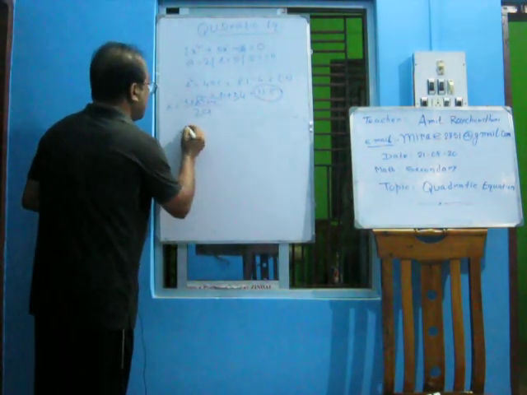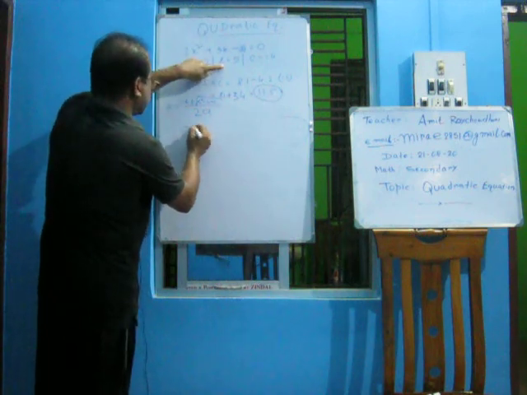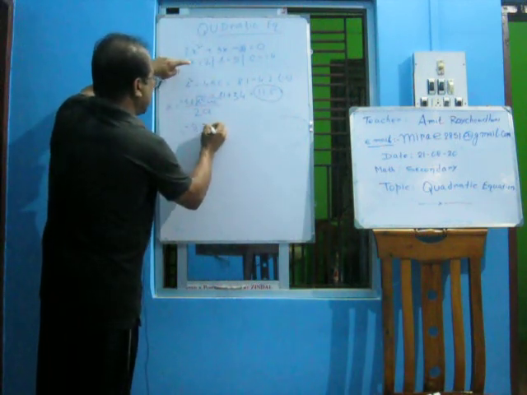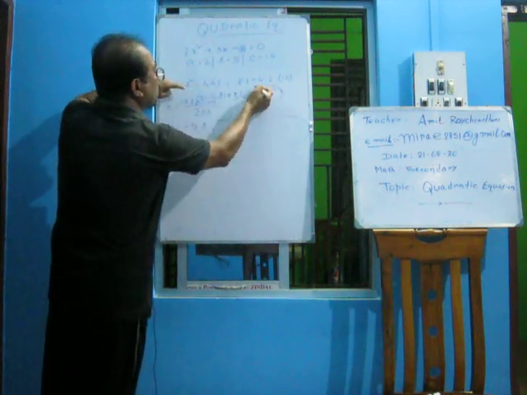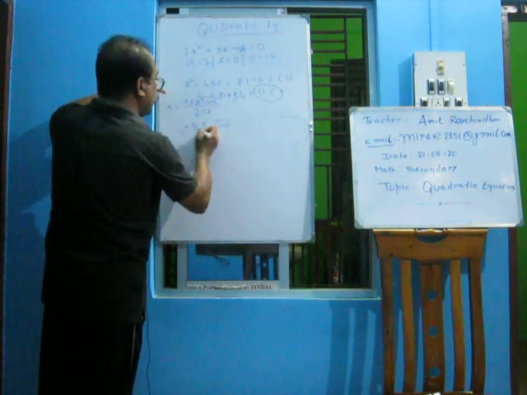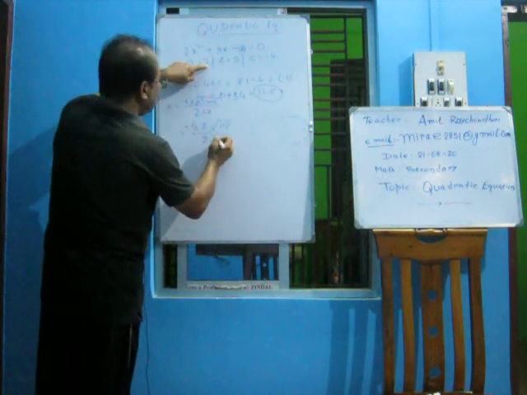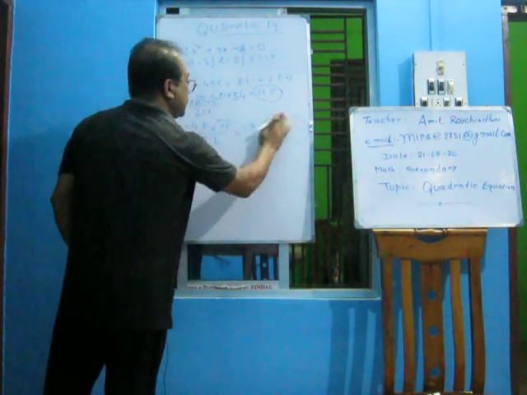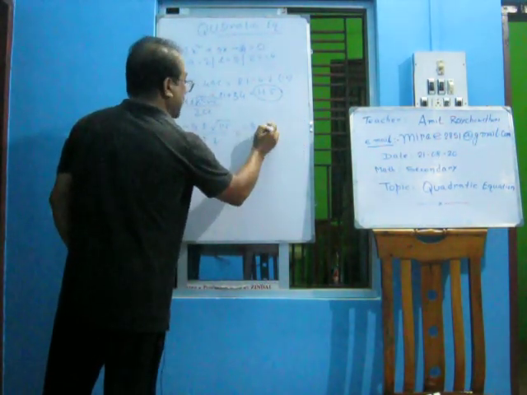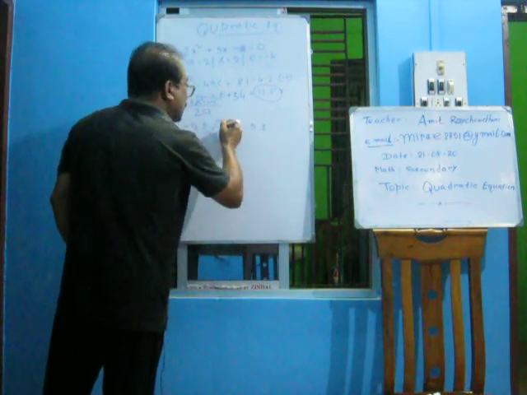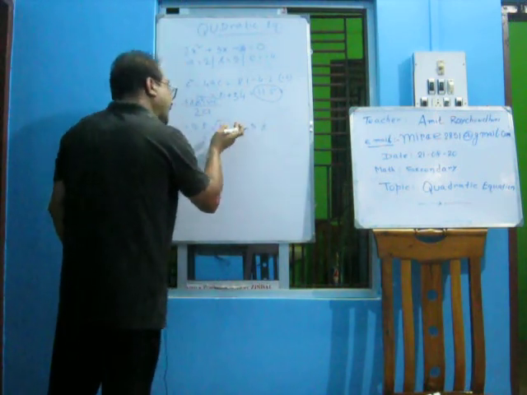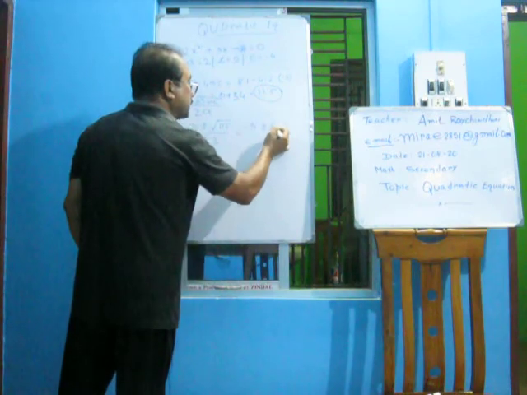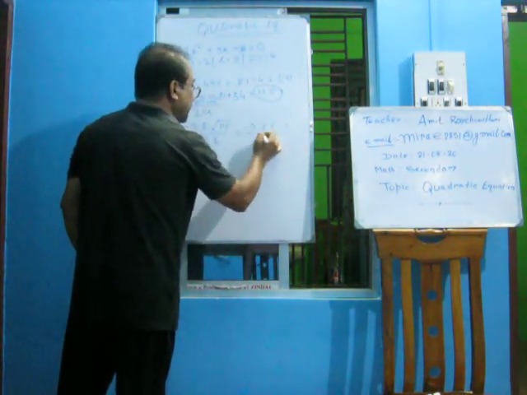Equal to minus b means minus 9 plus minus root over of 115 divided by 2 into 2. That means minus 9 plus minus root of 115, which can be done, and it will have some number divided by 2 into 2.